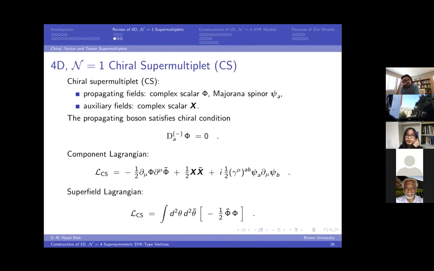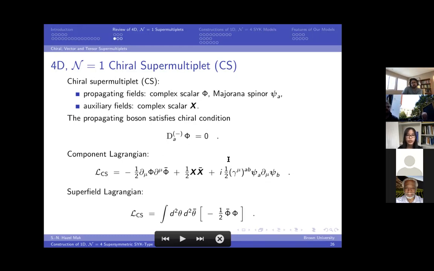So I'll first introduce the three supermultiplets that we use in our constructions: the chiral, the vector, and the tensor. This is a chiral supermultiplet, which contains a propagating scalar and a propagating Majorana spinor. And then you also have an auxiliary scalar. This complex scalar satisfies the chiral condition, which means when you write down a superfield with the lowest component being this scalar, then that superfield will satisfy the chiral condition.